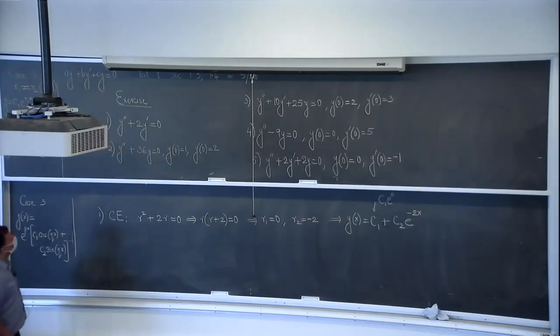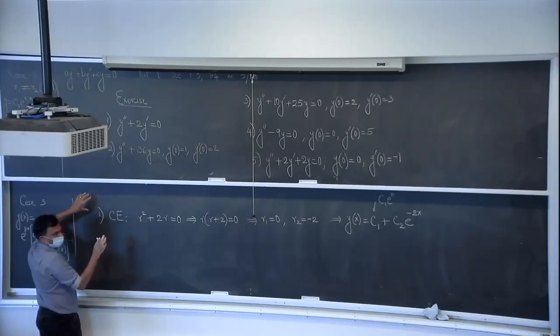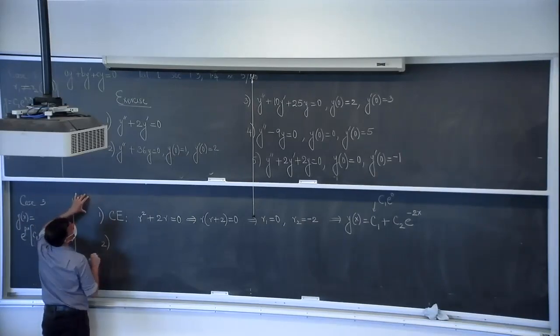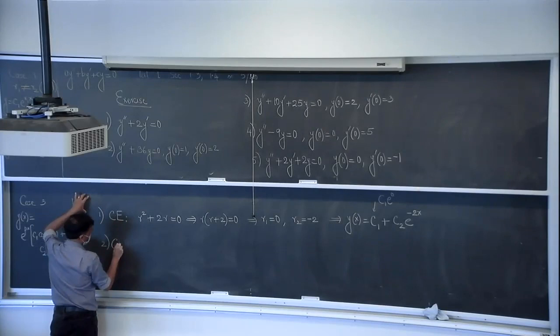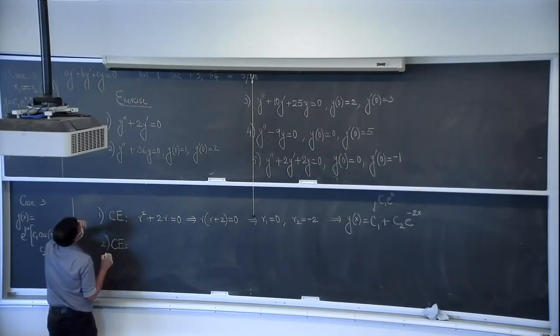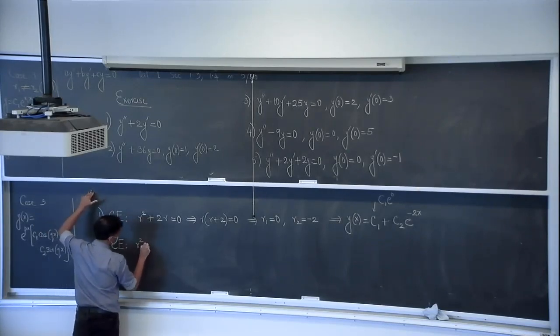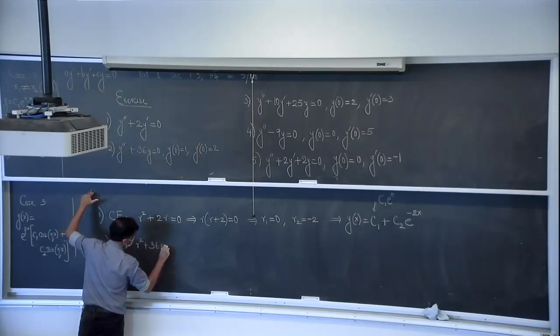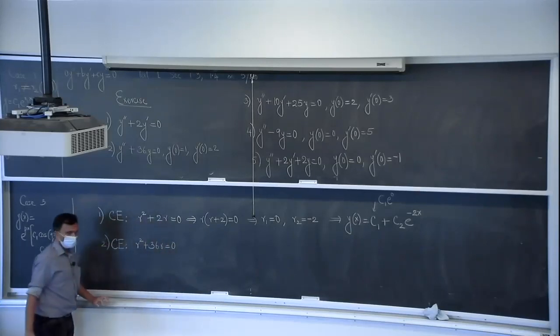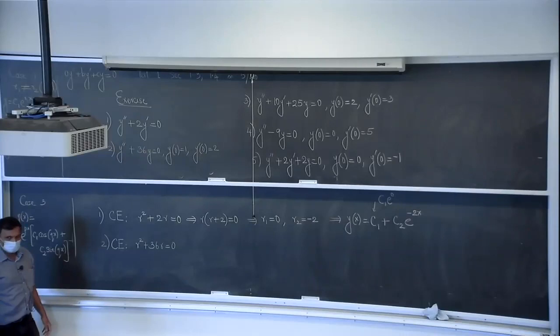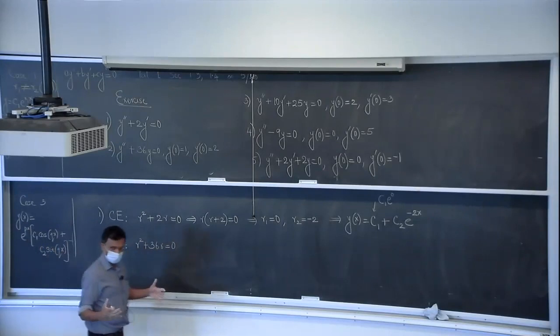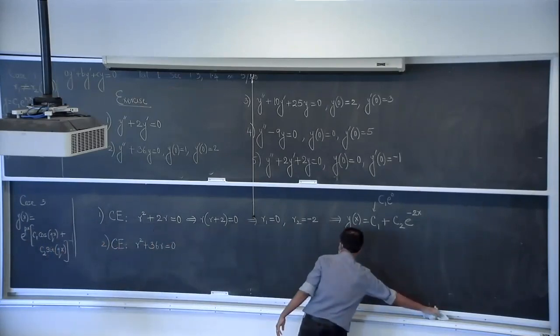Case 2, sorry, problem 2, I didn't say case 2, problem 2. R square plus 36 equal to 0, or not? No, right? It should be r square plus 36 equal to 0.